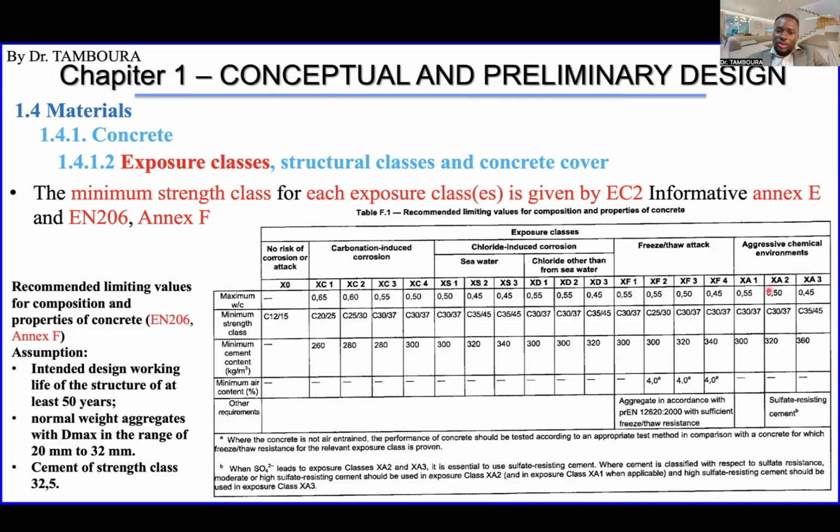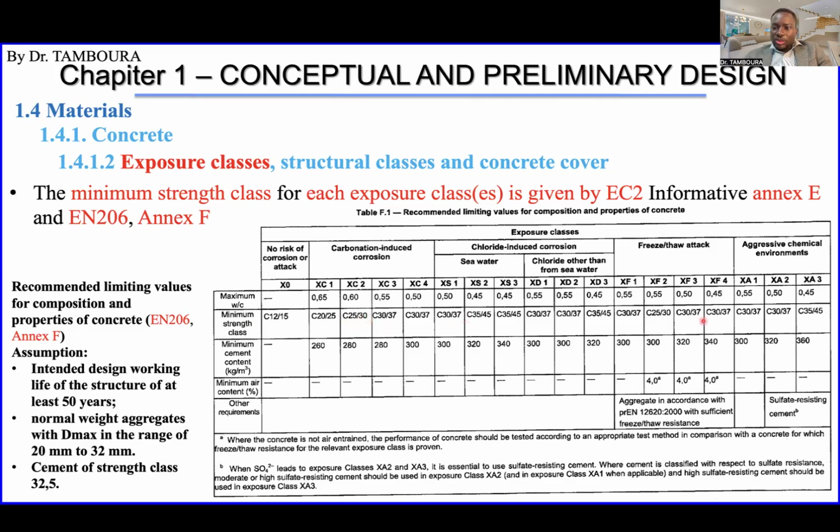Why is it that? Because this water cement ratio is influencing the strength of the concrete. If you respect this ratio, you have solved half of the problem for getting the required strength of the concrete. And next, this line is giving us the minimum strength class: C12/15 for X0, C20/25, C25/30.